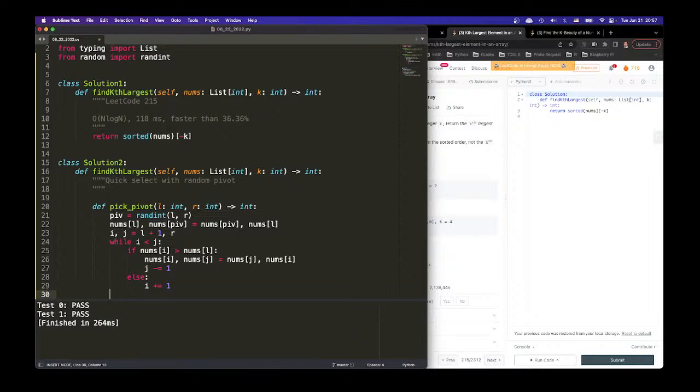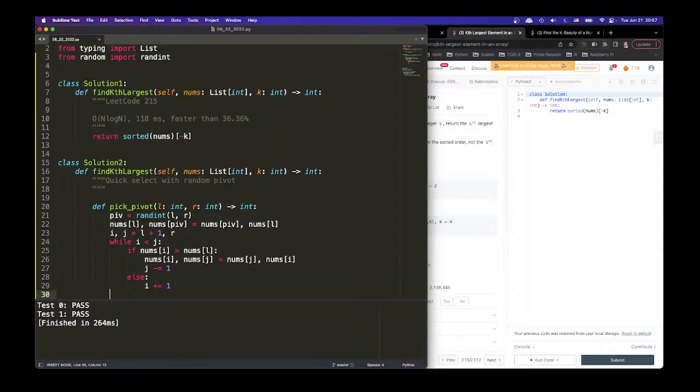these two will meet each other, right? And when they meet each other, either i plus equal 1 because this is smaller, and now they meet each other.